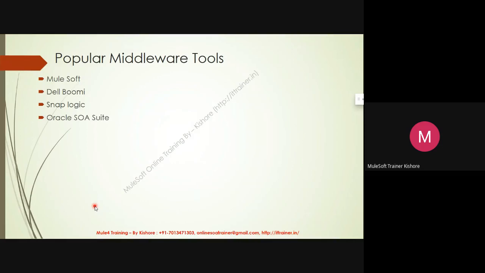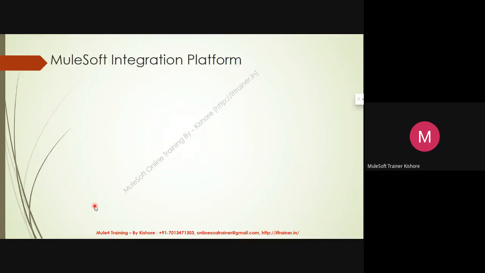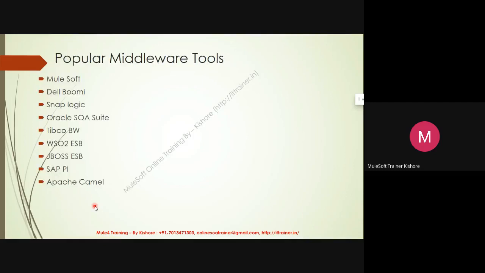We also have old tools called Oracle Server and TIBCO BW. Once upon a time, these two were the leaders in the market. Each one has their own customer base, and now people are slowly turning back to MuleSoft. The open source middleware tools are WSO2 ESB, JBoss ESB, and proprietary products from SAP like SAP PI, and Apache Camel. So these are the different integration tools we have in the market.